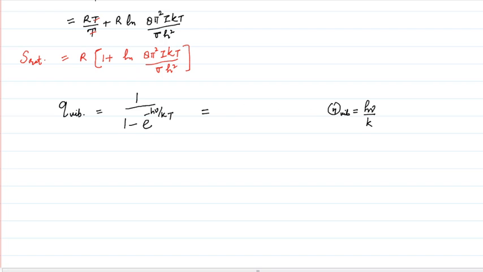So we can put the value of θ vibrational in place of hν upon T, so it will be 1 upon 1 minus e raised to the power minus θ vibrational upon T. So this can be written in this form also.